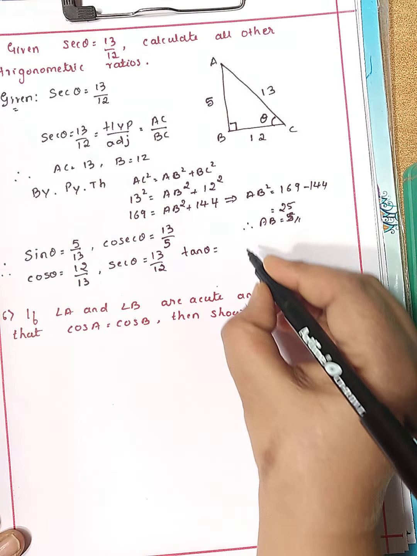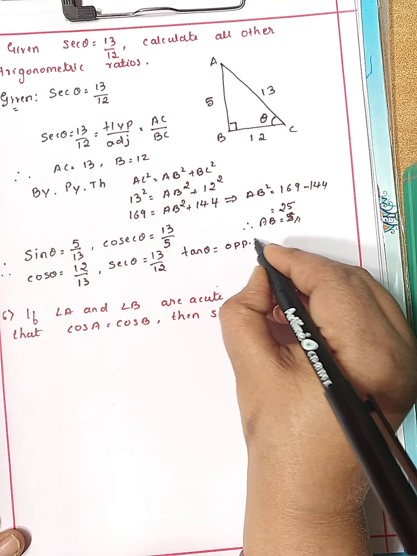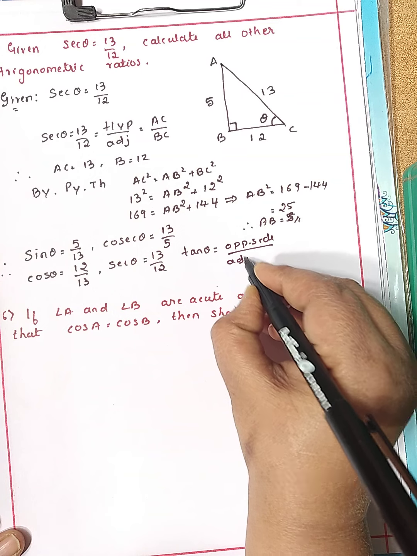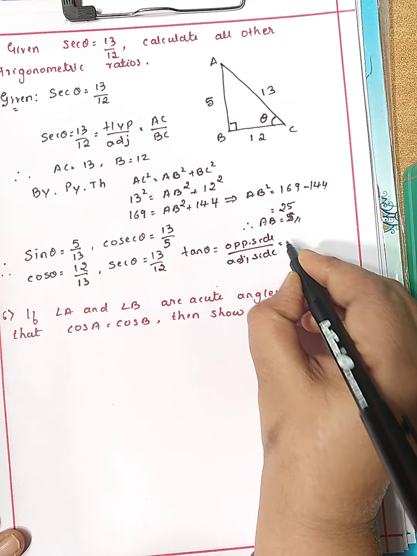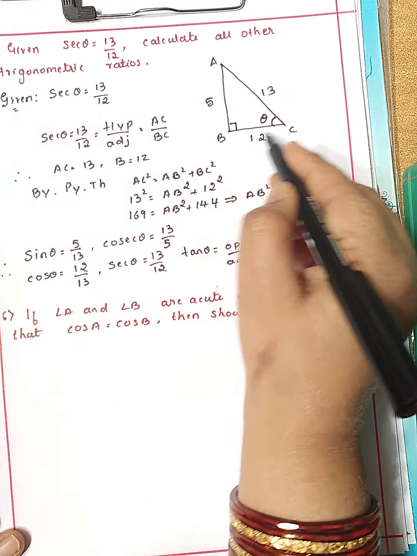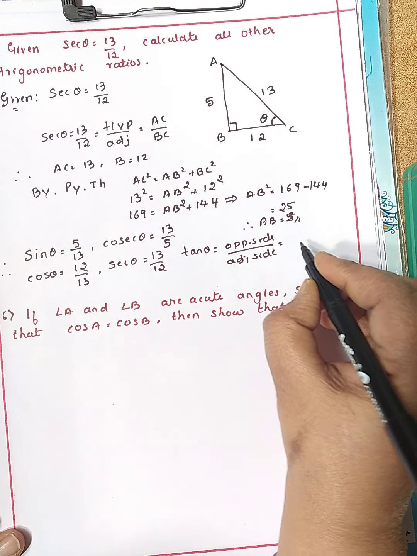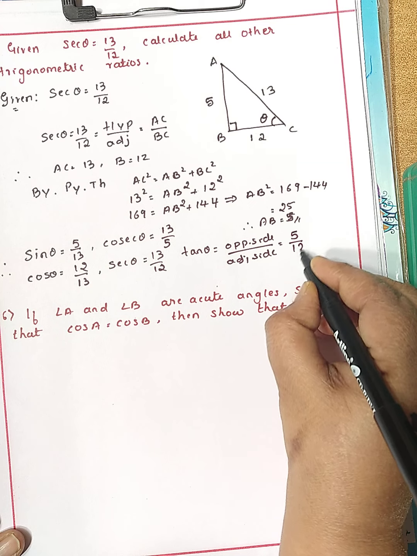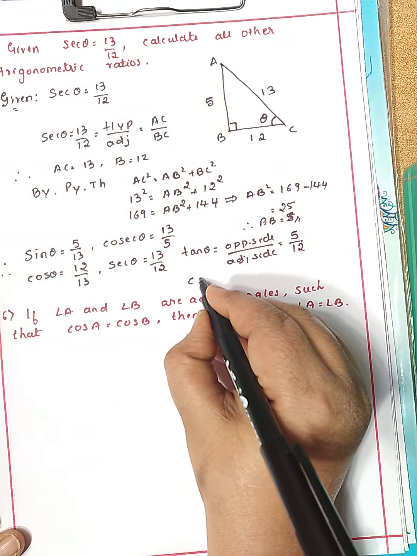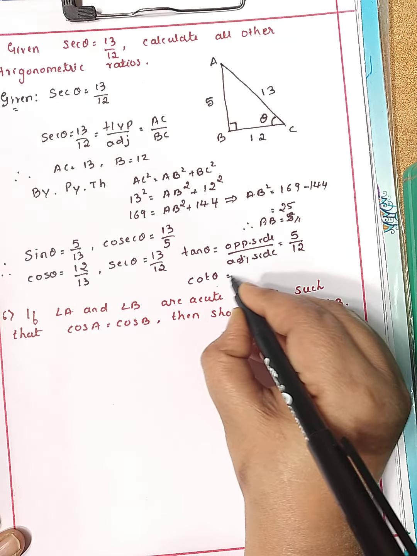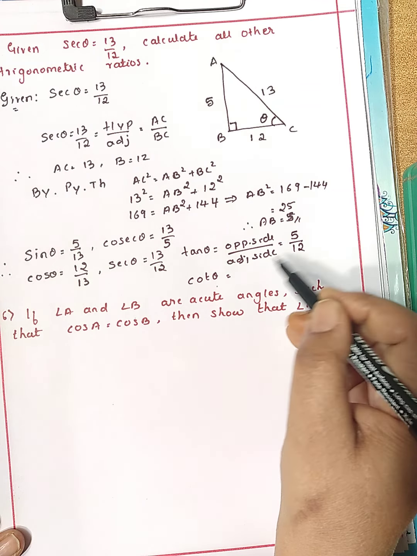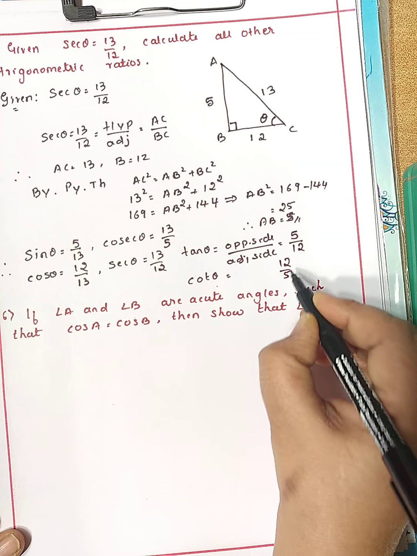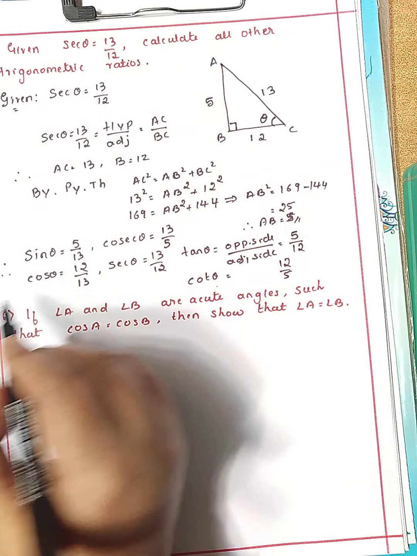Tan theta is opposite side by adjacent. Opposite side for theta is 5 and adjacent side is 12. Cot theta is the reciprocal of tan theta. It becomes 12 by 5.